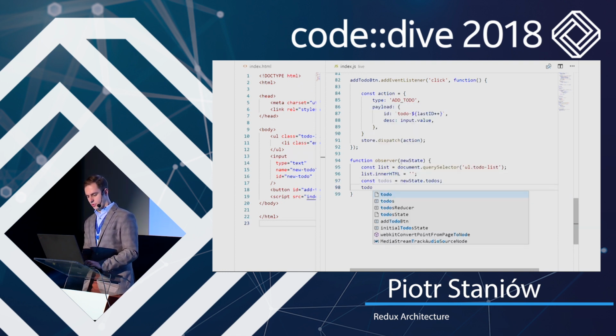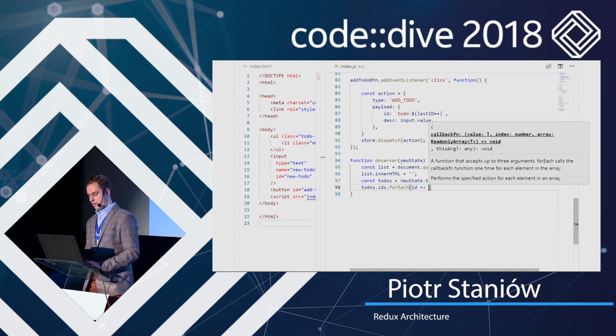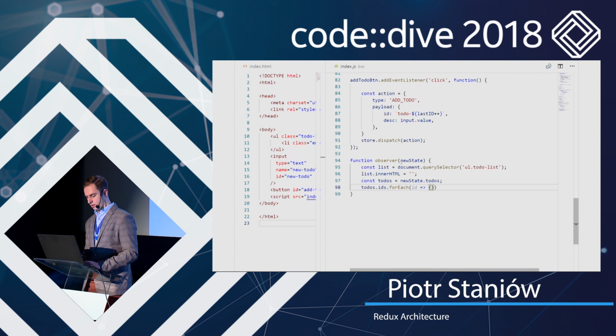We can go through the IDs. There is sufficient information about how many IDs we have, how many to-dos we have, and they represent them uniquely. And for each such ID, we would like to create an item.